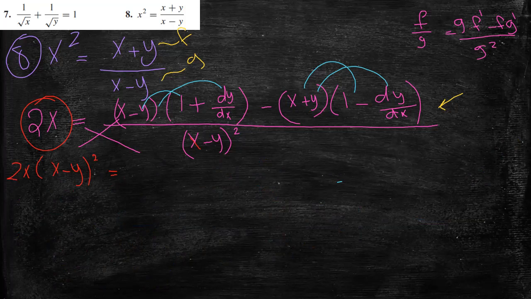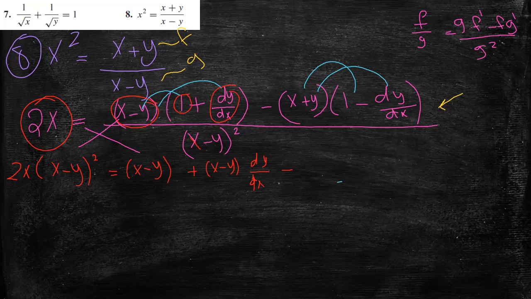Now, here we have (x minus 1) times (1 plus dy over dx). Let's now use the distributive property to multiply (x minus y) times 1, which will be the same, plus (x minus y) times dy over dx.